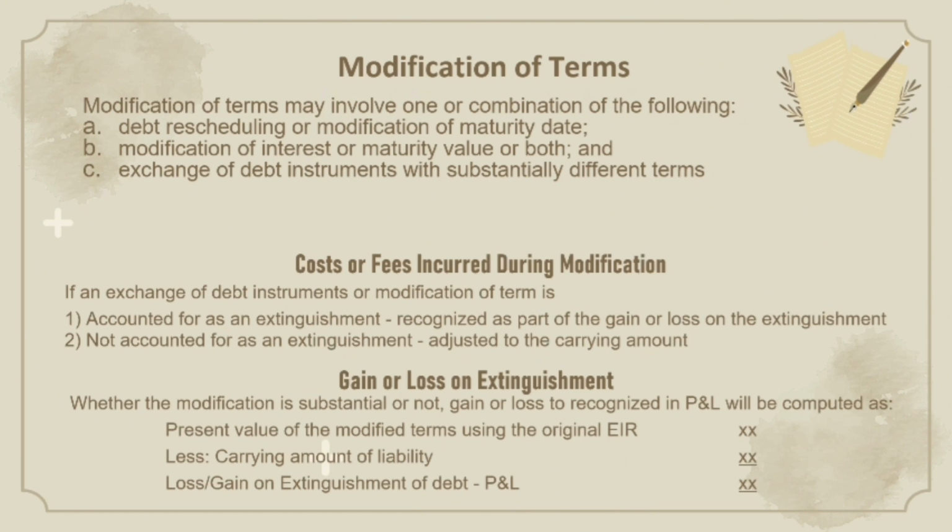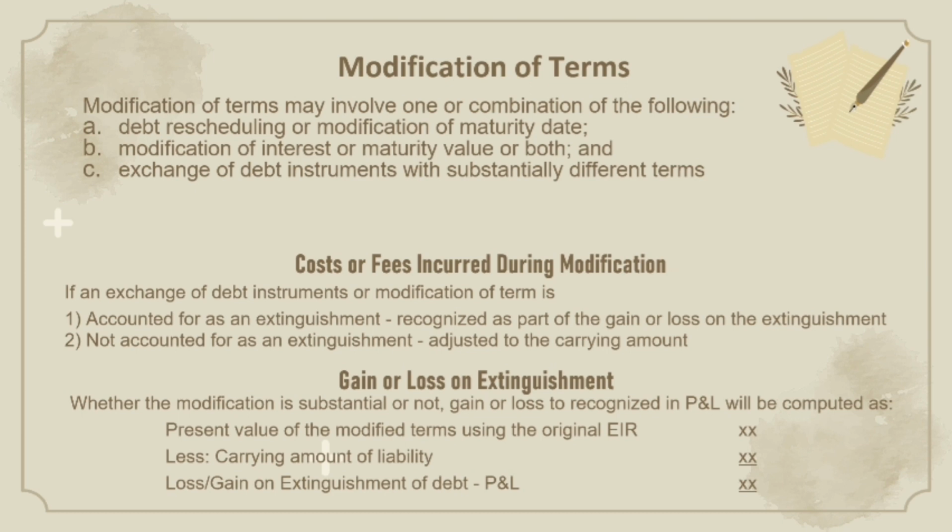If an exchange of debt instruments or modification of terms is accounted for as an extinguishment, the costs or fees are recognized as part of the gain or loss on the extinguishment, while if it is not accounted for as an extinguishment, they are recognized as an adjustment to the carrying amount.